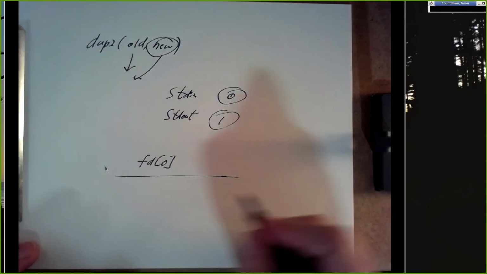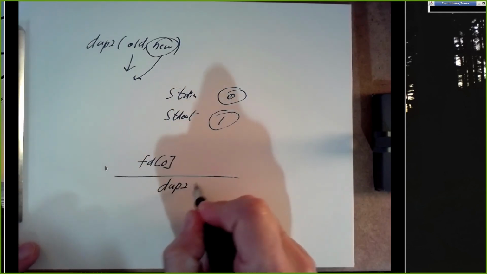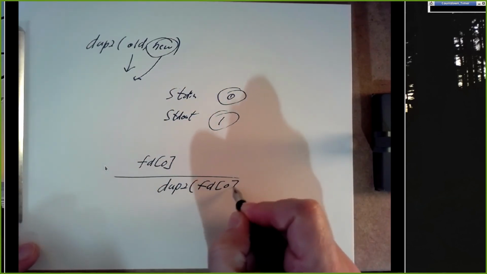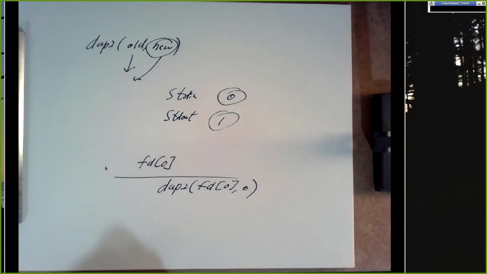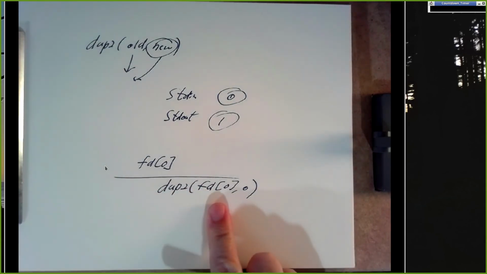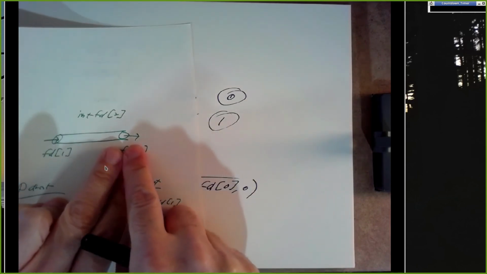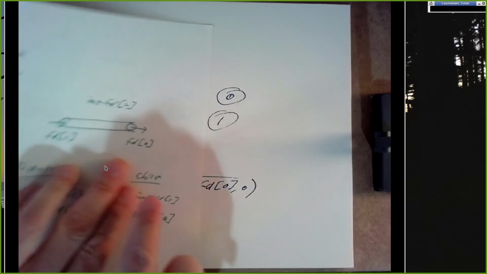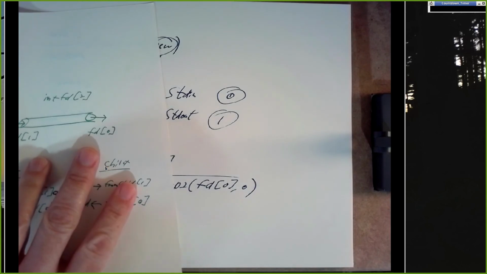Here's what I can do. If I say dup2 FD bracket 0, comma 0, what the system will do is make a copy of this file descriptor, which is this receiving end of a pipe, but that copy will be assigned a file descriptor number of 0.